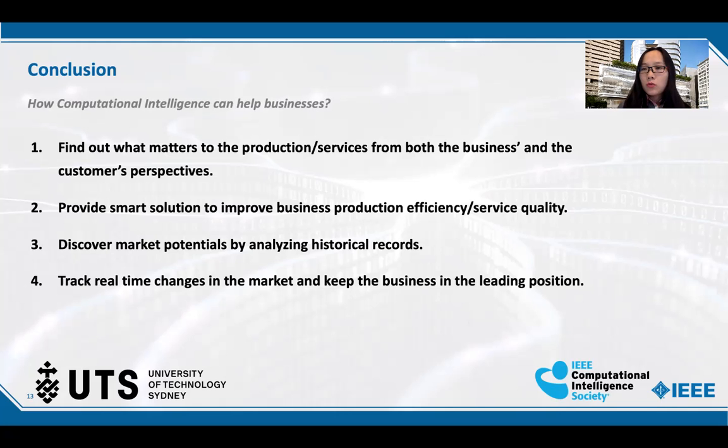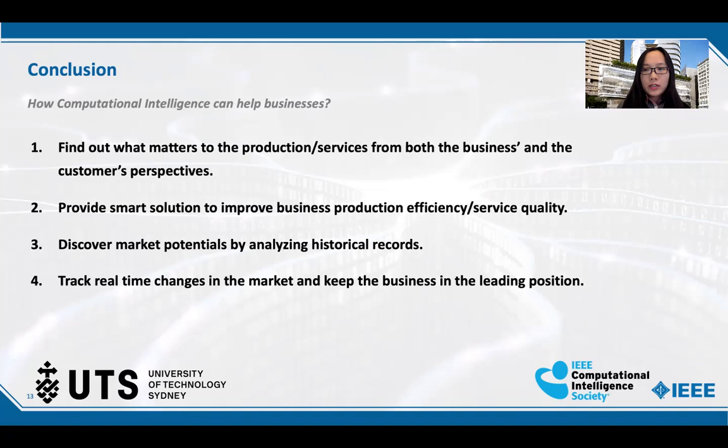And with recommendation in Domain, we can see that computational intelligence helps Domain to increase the visiting and inquiry of the properties, and also to help customers and provide personalized services. So we can see that CI can provide smart solutions and improve business production efficiency or service quality.